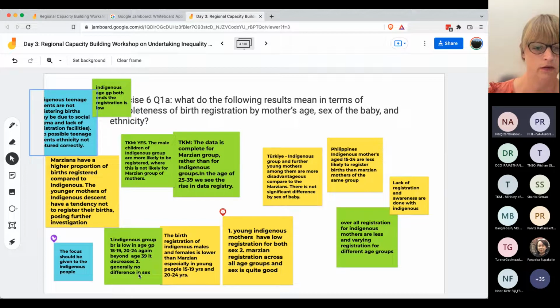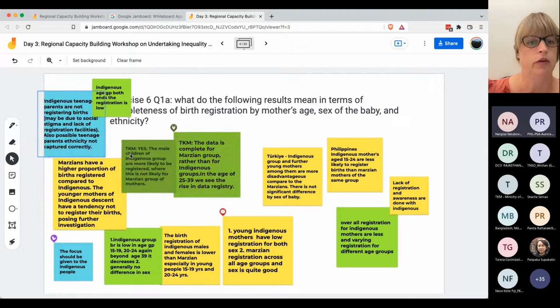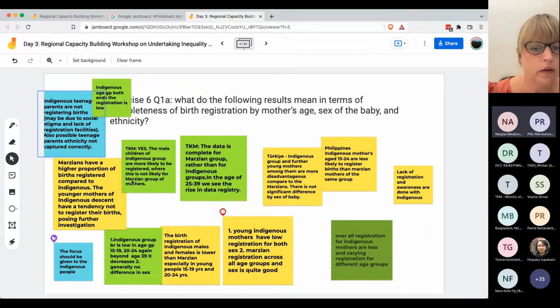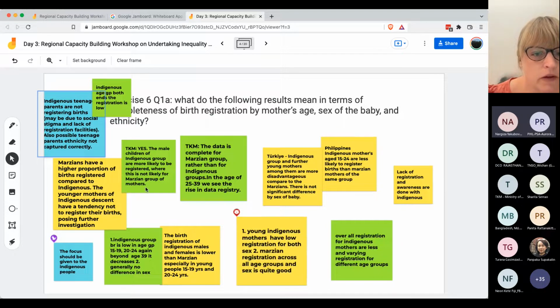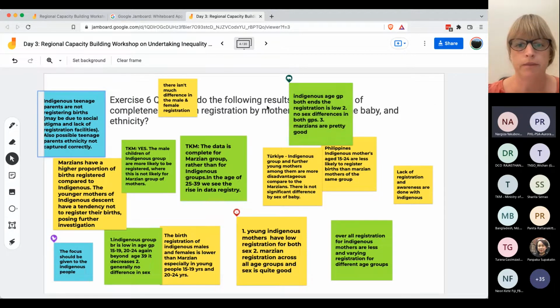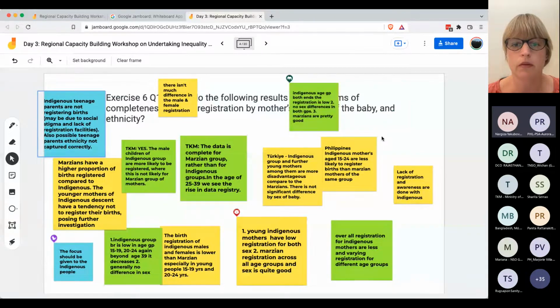Generally no difference in sex. And then up here, you notice that the male Indigenous children are more likely to be registered. Marsians have a higher proportion. There isn't much difference in male and female.